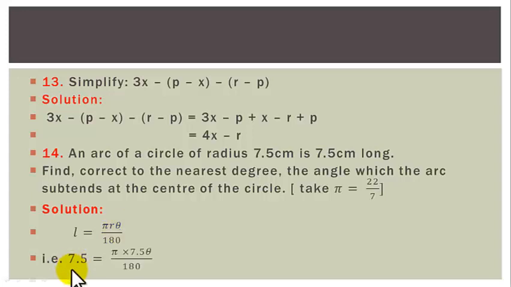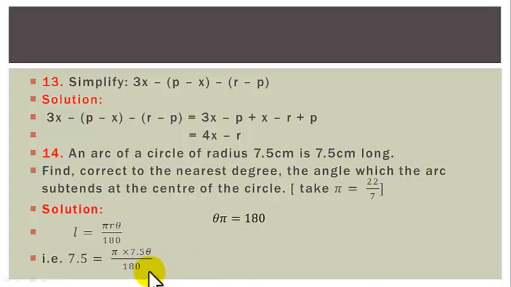That is, the length of the arc is given to be 7.5, equals pi times the radius, 7.5, times theta all over 180. Here 7.5 will cancel 7.5 when we divide both sides of the equation by 7.5.